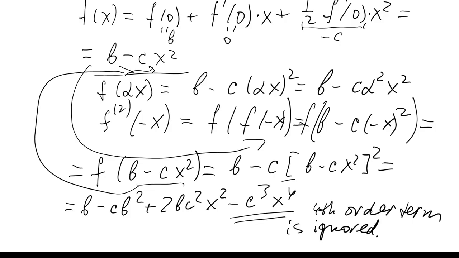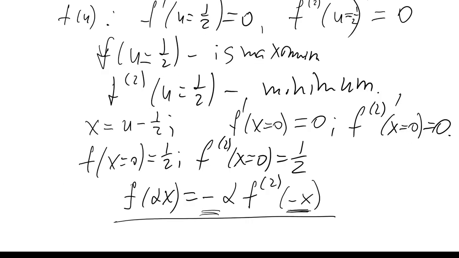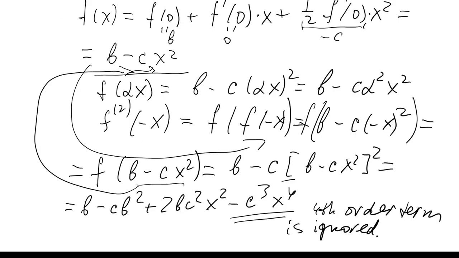So what we have now, f2 of minus x, we found its second order approximation, and f of alpha x we also found second order approximation. Now this should be equal to minus this.